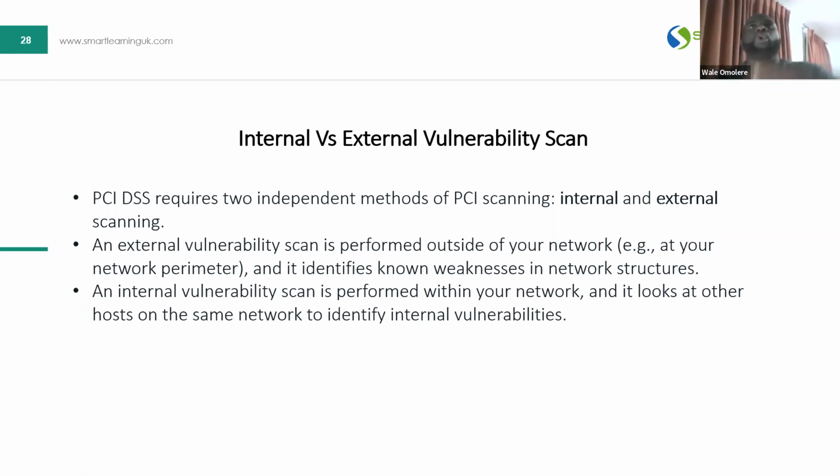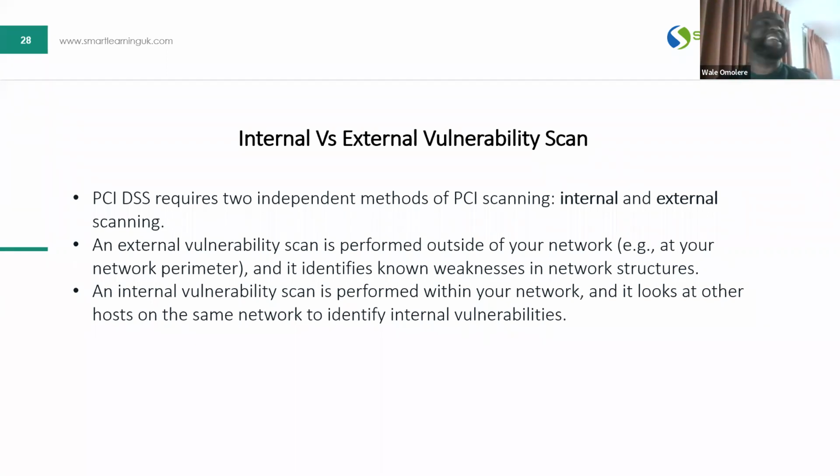So what this is essentially saying is, if you're carrying out an external vulnerability scan, when you're scanning your environment, guess what? You are outside of the perimeter, scanning from outside of the perimeter.